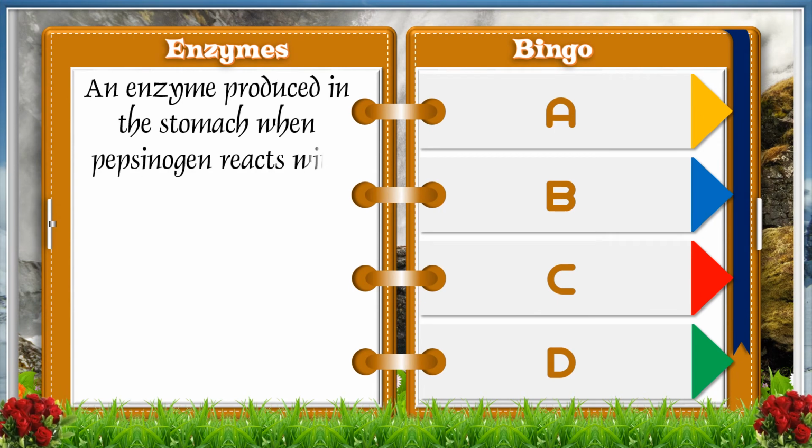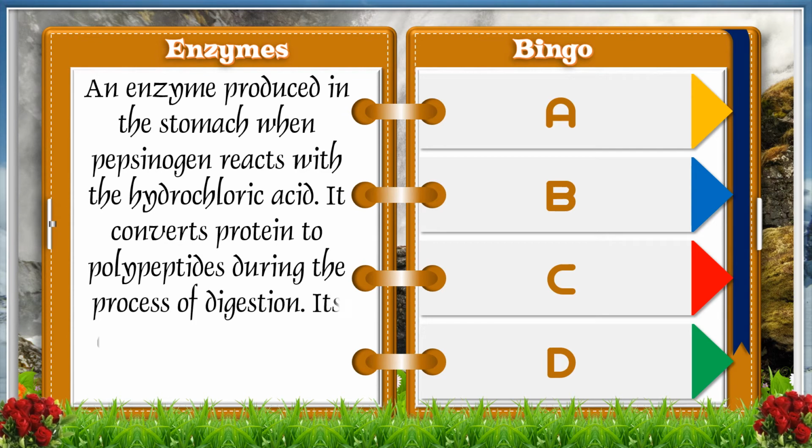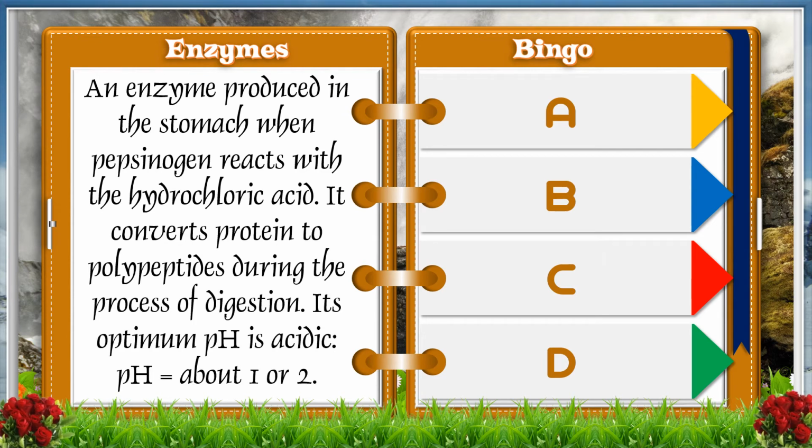An enzyme produced in the stomach when pepsinogen reacts with the hydrochloric acid. It converts protein to polypeptides during the process of digestion. Its optimum pH is acidic, pH equal to about 1 or 2.